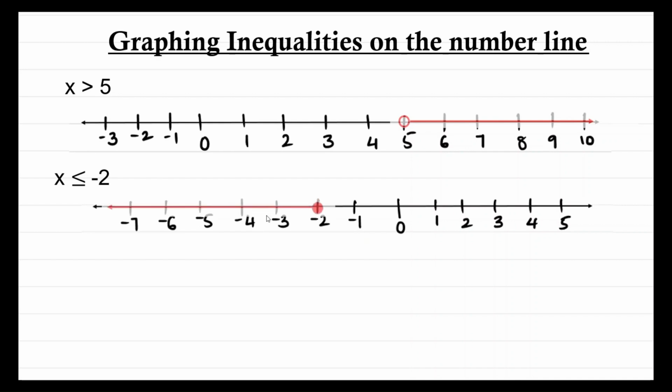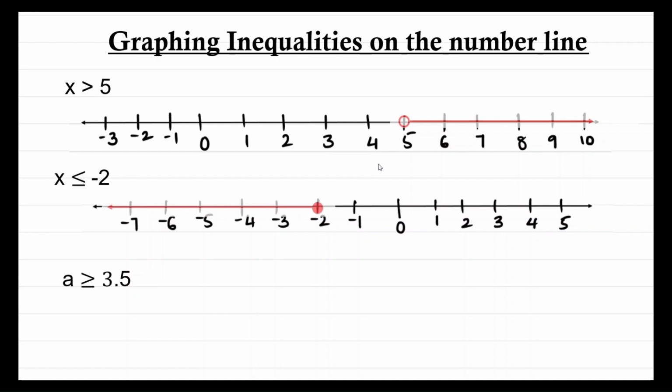Less than minus 2 means all these values on the left side of minus 2 satisfy this inequality because they are less than minus 2. And look at the circle at minus 2. Because minus 2 is included, this is a shaded circle. So when the number is included, shade the circle. When the number is not included, as in the first example, do not shade the circle.